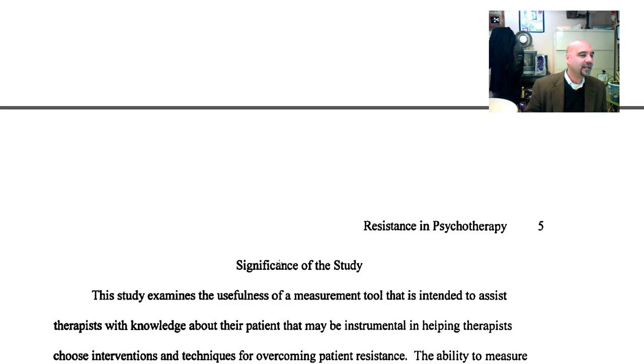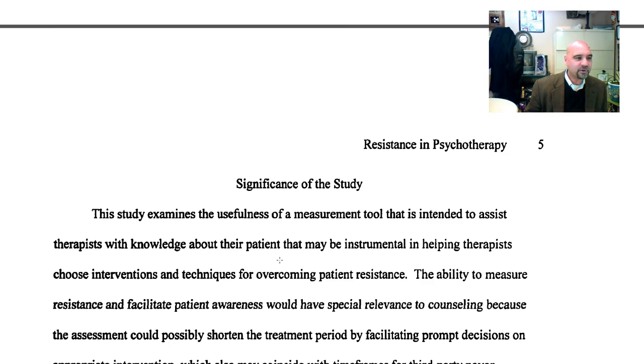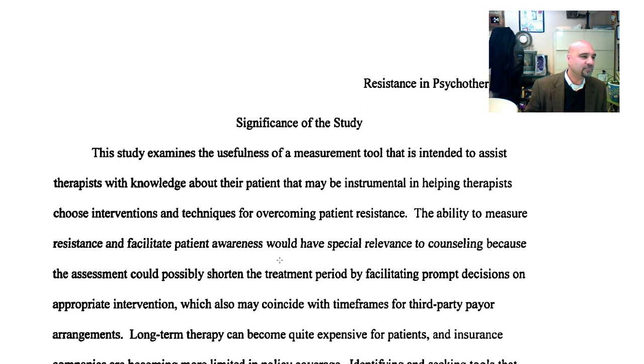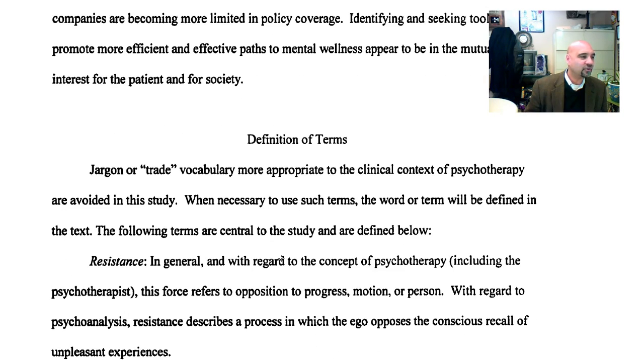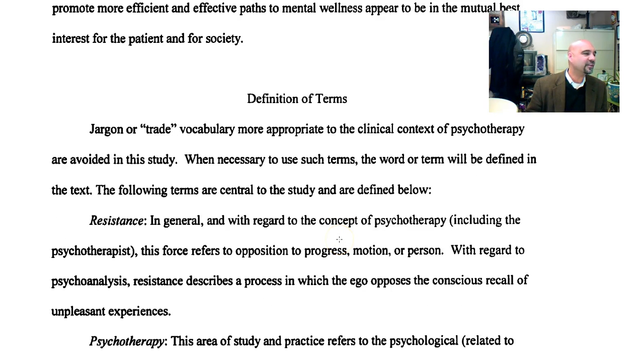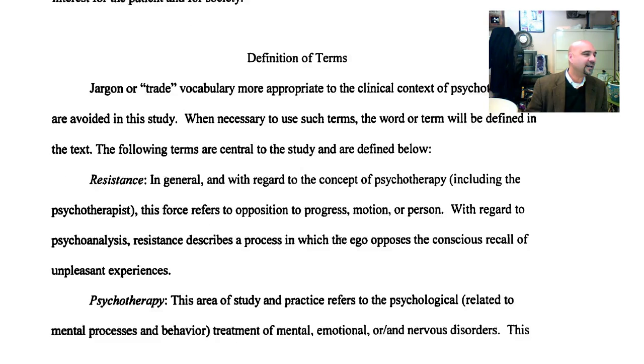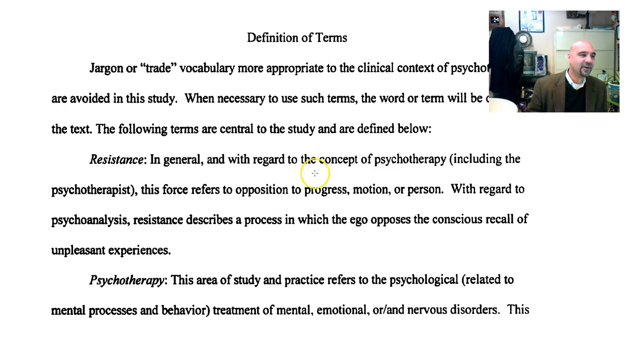So as you write your paper, you should be able to dive into the literature to understand what took place and why, and how you came to the conclusions that you did. So notice here are the definitions. Resistance in general with regard to the concept of psychotherapy, including the psychotherapist. This force refers to opposition to progress, motion, or person.